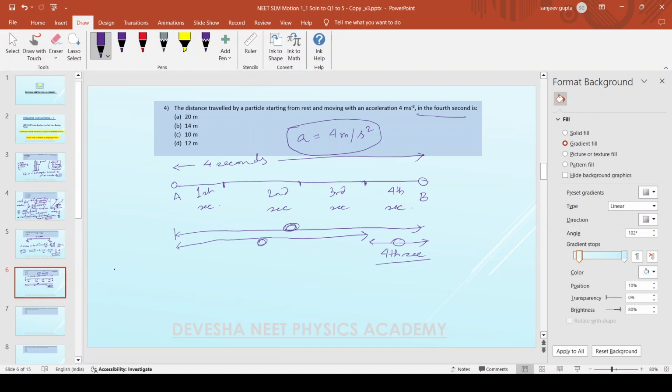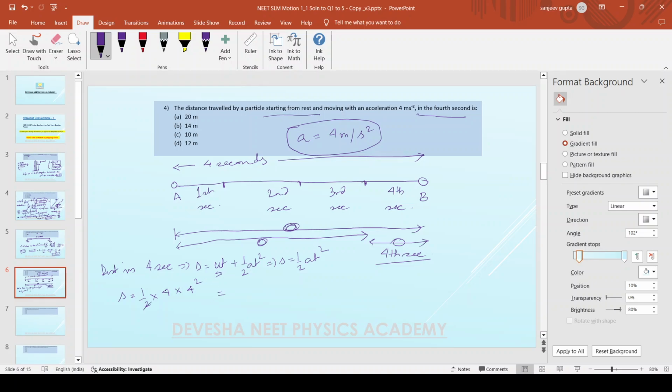So the distance in 4 seconds: S is equal to ut plus half at square. Initial velocity, it starts from rest, as given in the problem, so u is equal to 0. It means S is equal to half at square. So S is equal to half into a, which is 4 as given in the problem, and t is 4 seconds, so 4 square.